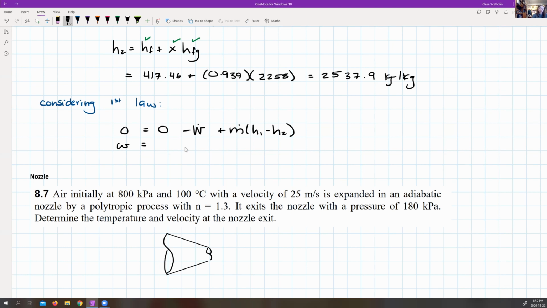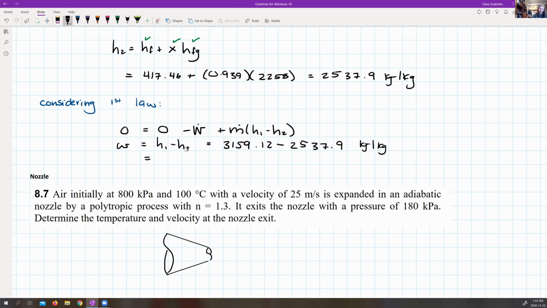But I know that my specific work will be equal to H1 minus H2, which will give me 3,159.12 minus 2,537.9 kilojoules per kilogram.